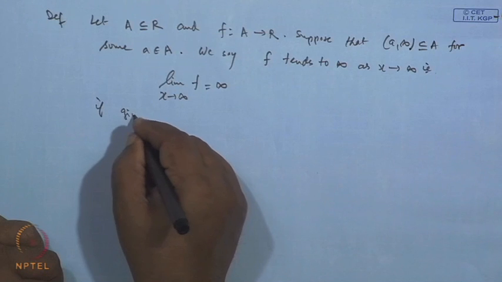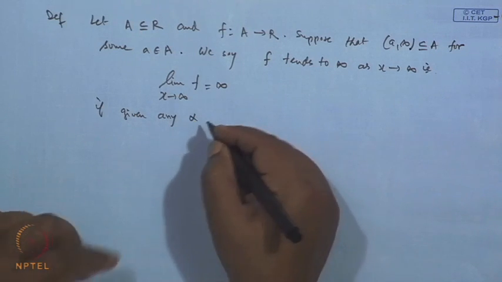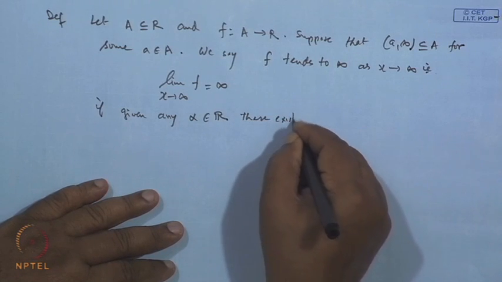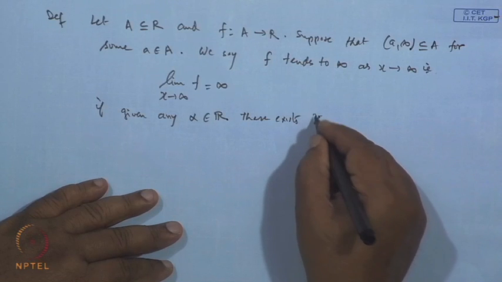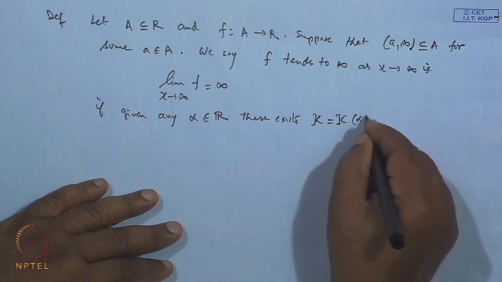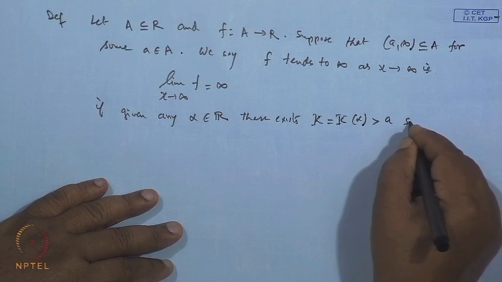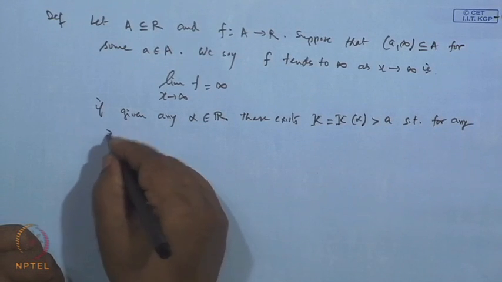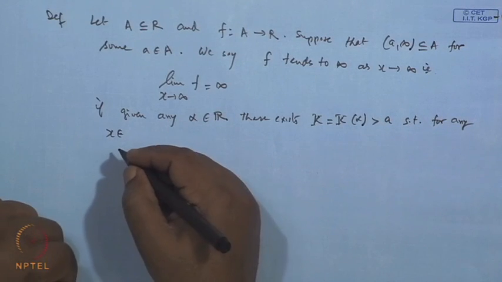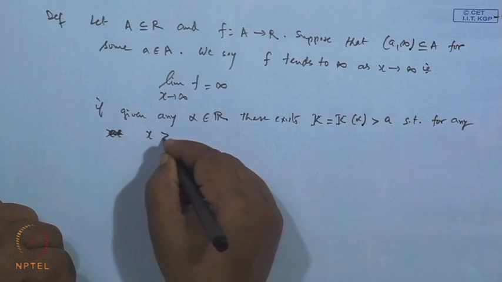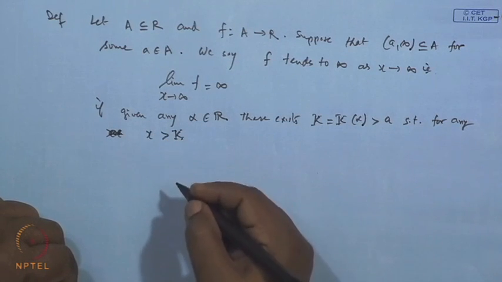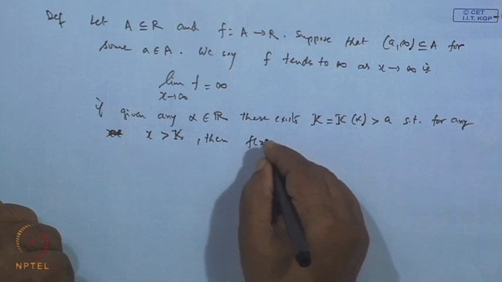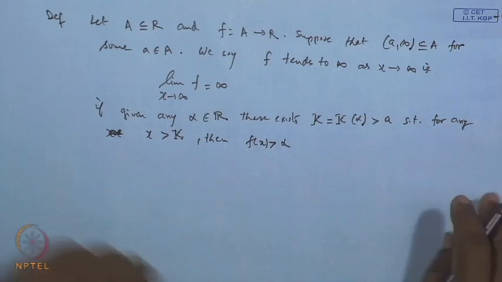given any alpha belongs to R, there exists a k, which depends on alpha, greater than a, such that for any x greater than k, f of x will be greater than alpha.